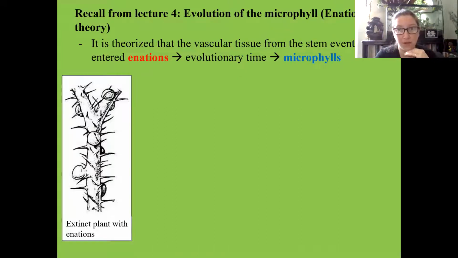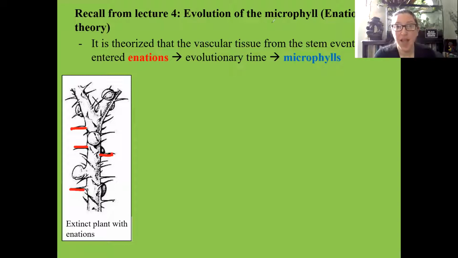Here's a picture we saw before from an extinct plant with enations, and all of these pokey things coming off almost look like little thorns or something like that. Here's one, here's one, here's one.